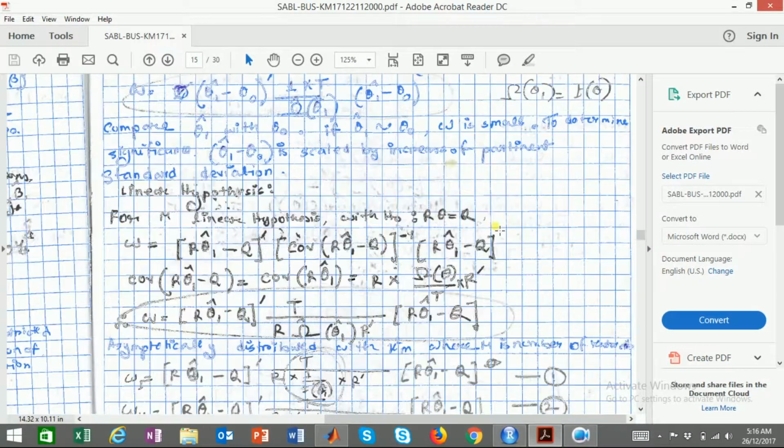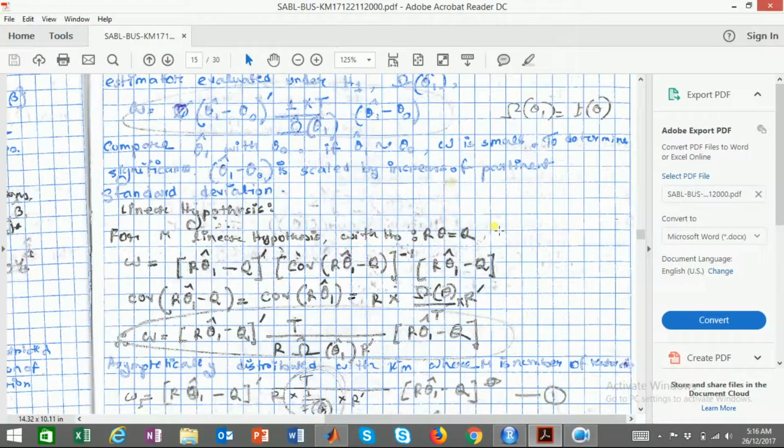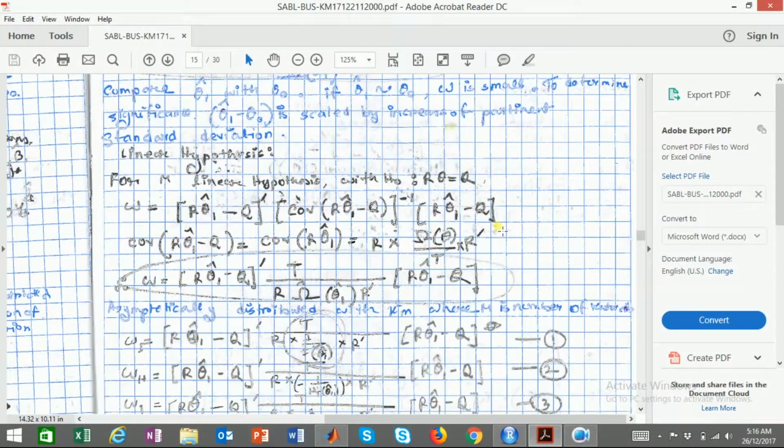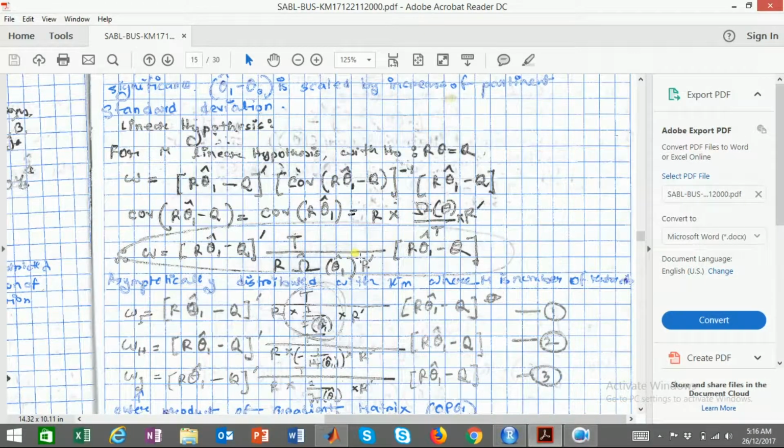In the Wald test these two remain the same, so we plug in what we found here: R theta 1 hat, and R omega theta 1 hat multiplied by R transpose. This is something we basically need to memorize, because of R theta equals q.